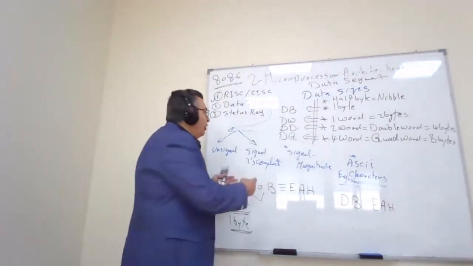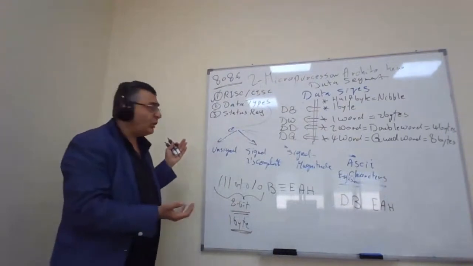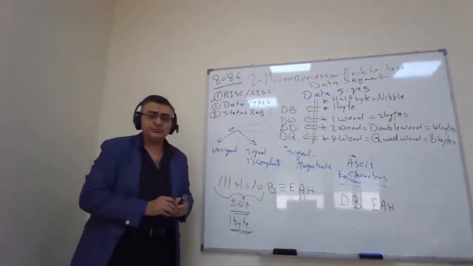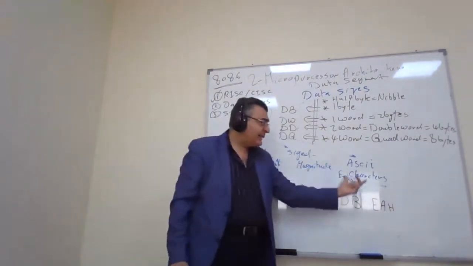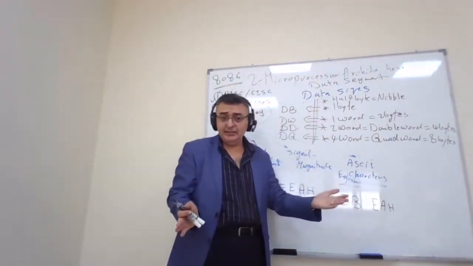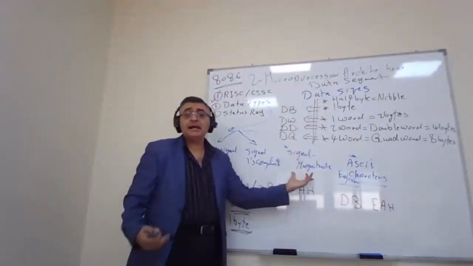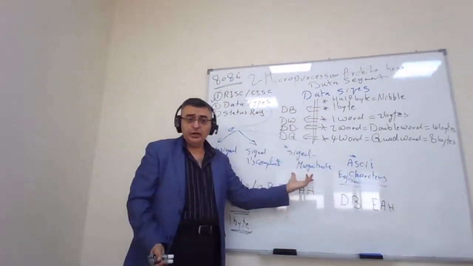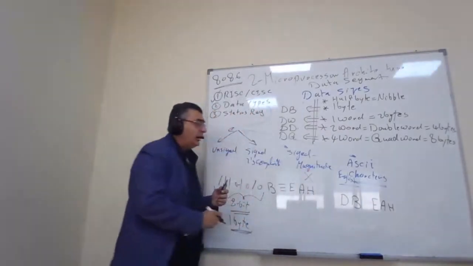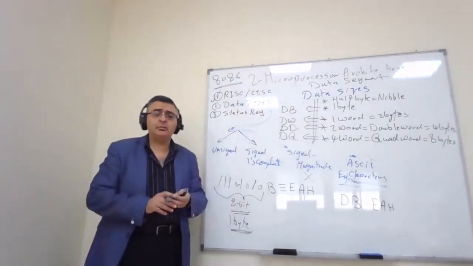What we will be dealing with throughout this course is one out of those types. We may be dealing with ASCII characters to store some text in memory, or we may store some sign magnitude numbers, which is not commonly used till chapter number 4.